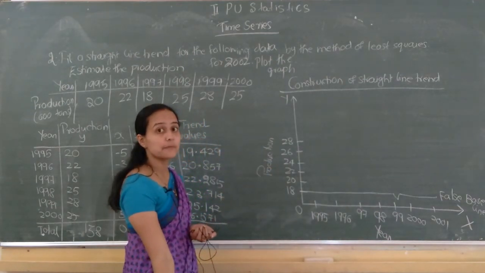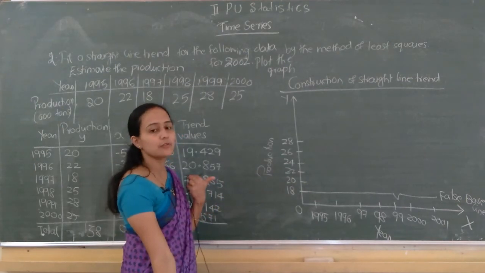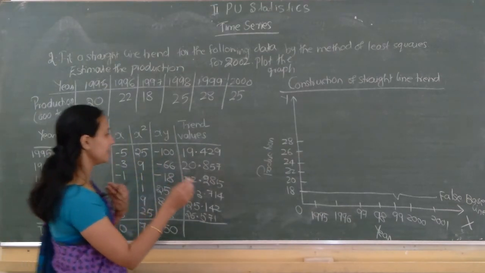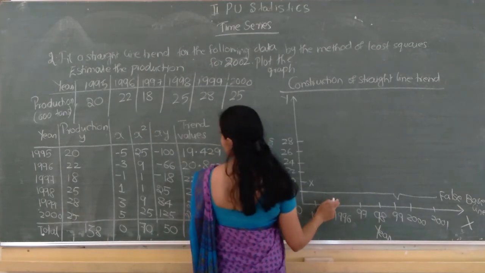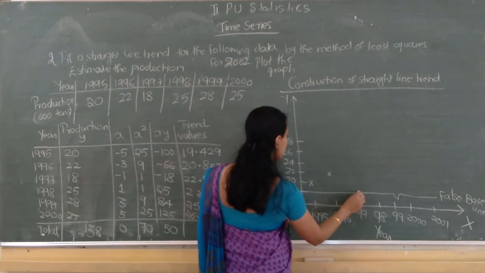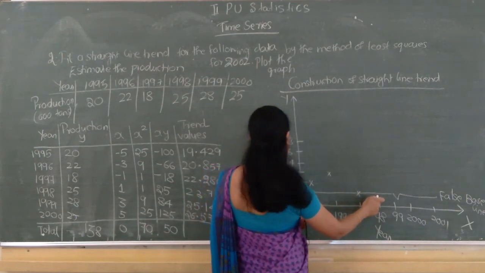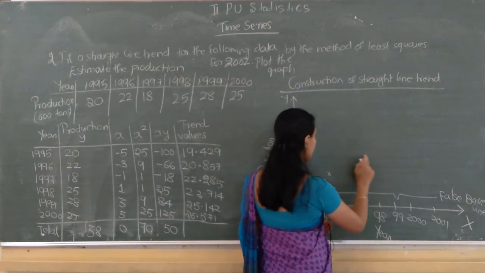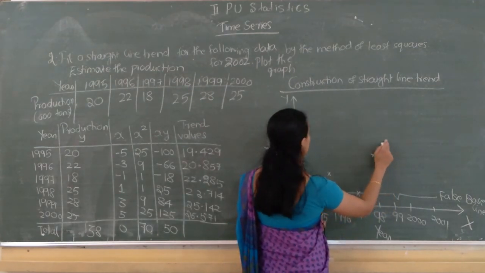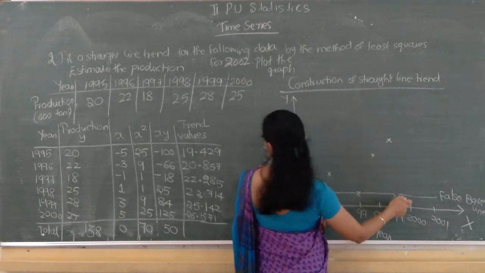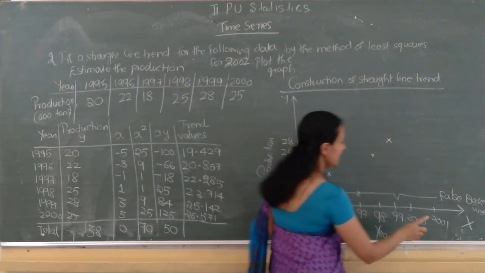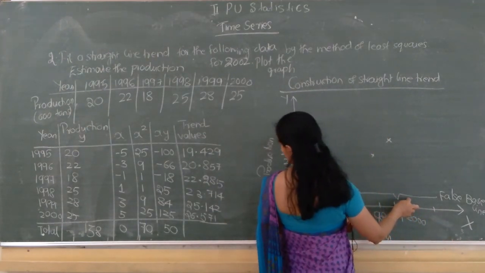Next, what we have to do? First we have to draw the histogram, with year and production. 1995 is 20, 1996 is 22, 1997 is 18, 1998 is 25, which is the midpoint between 24 and 26. 1999 is 28. 2001 is not there, only up to 2000. 2000 is 25.